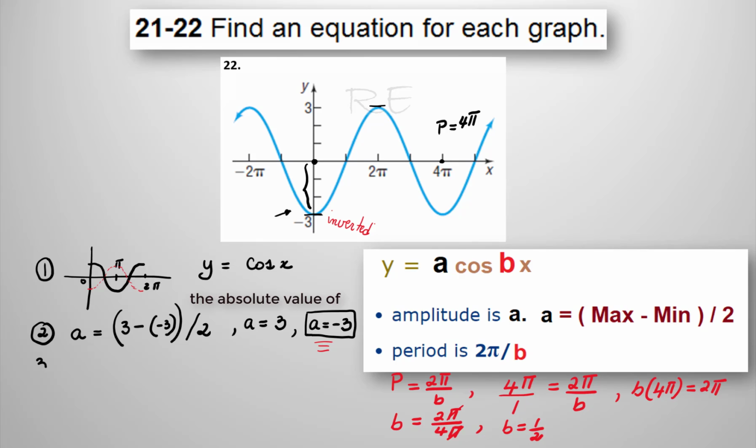We'll write b equal to 1/2. Then we can write an equation for the graph. y is equal to -3 cosine 1/2 of x, if x is the angle.